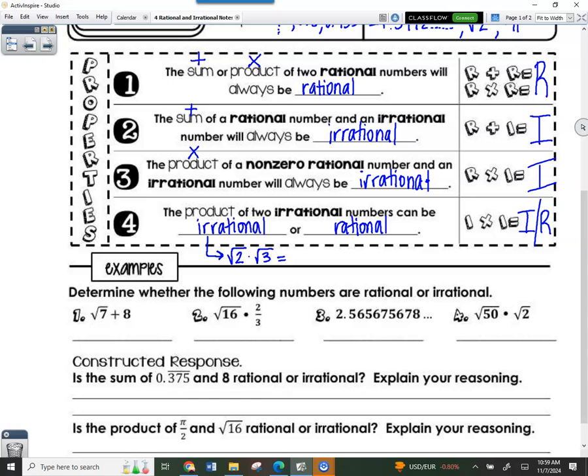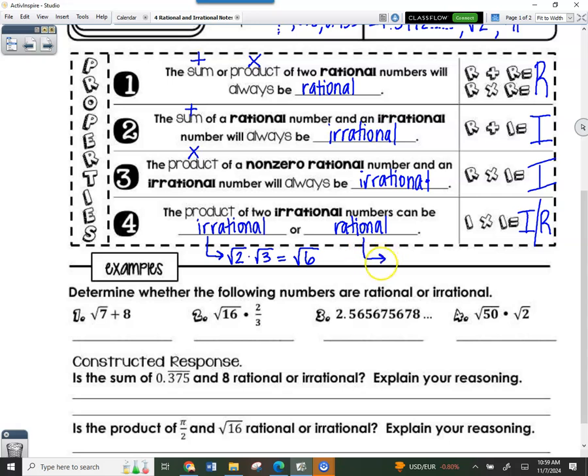Square root 2 times square root 3 is square root 6. Does 6 break down? It doesn't. 6 is not a perfect square. 1, 4, 9, 16. 6 is not in your list of perfect squares. So this would stay irrational.